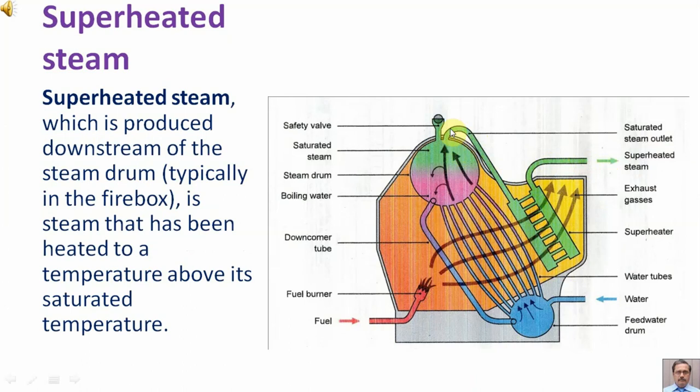Superheated steam, which is produced downstream of the steam drum, typically in the firebox, is steam that has been heated to a temperature above its saturated temperature. So here in this diagram we can see that downstream of the steam drum we are having a superheater which is heating the steam above its saturated temperature.